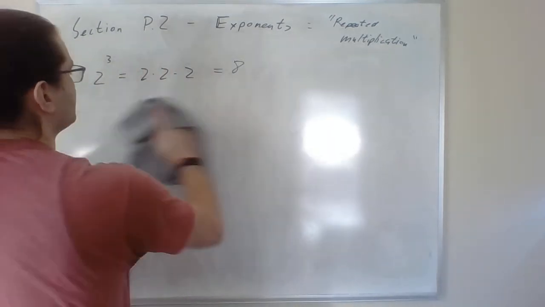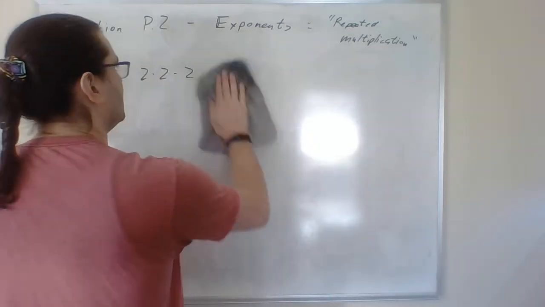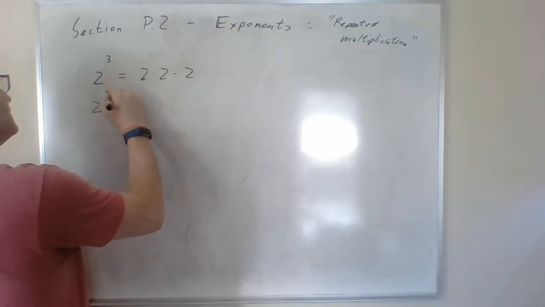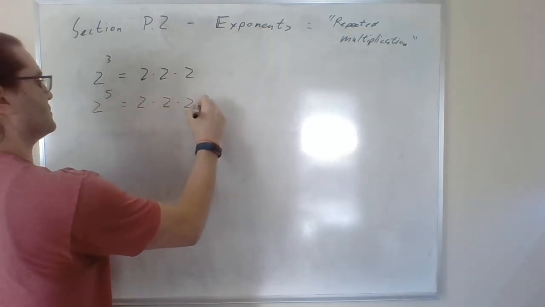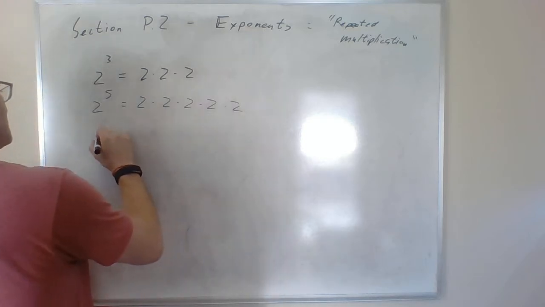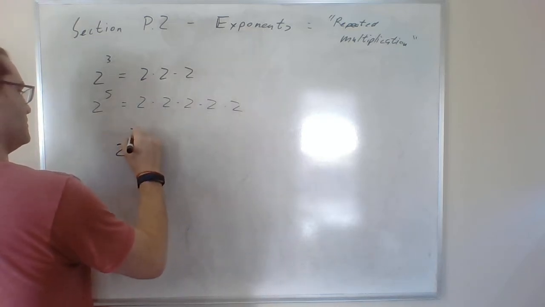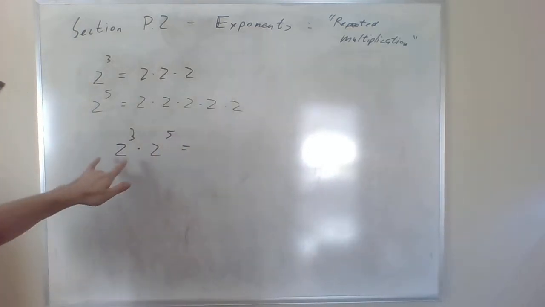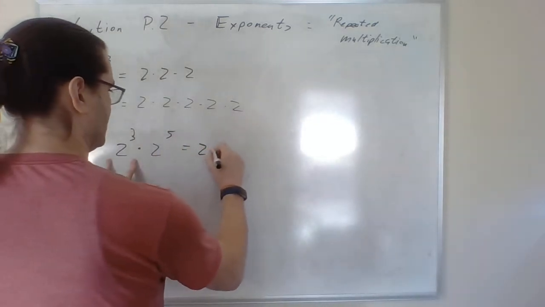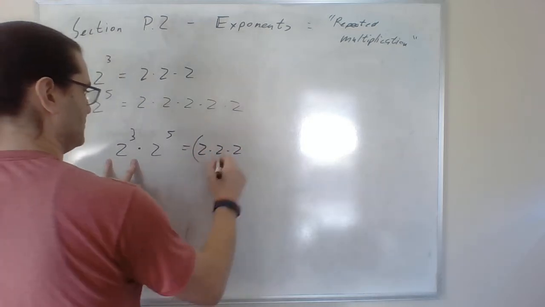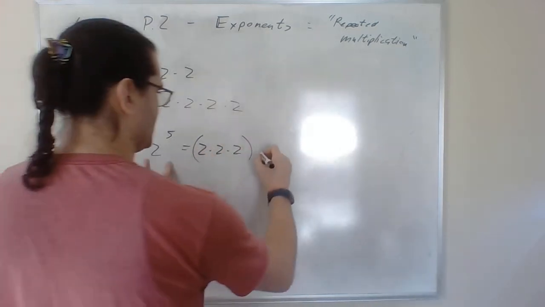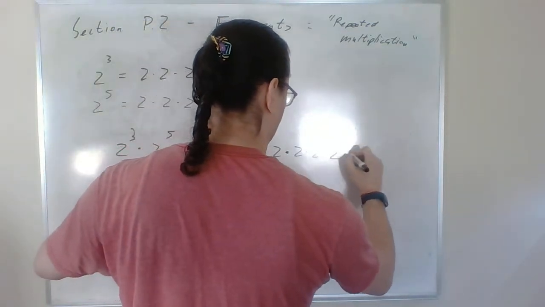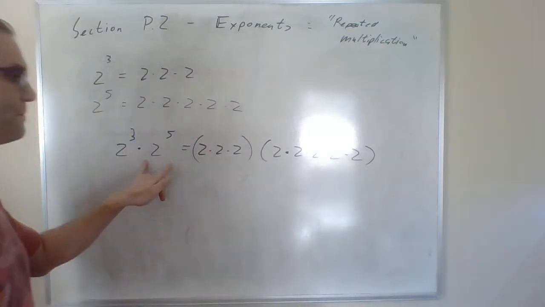So if this is 2 cubed, and it means 2 times 2 times 2, and 2 to the 5th is 2 times 2 times 2 times 2 times 2. The question then becomes, what happens if we take something like 2 cubed and multiply it by 2 to the 5th? We know that this piece is 2 times 2 times 2, and we know that this piece is 1, 2, 3, 4, 5 more.